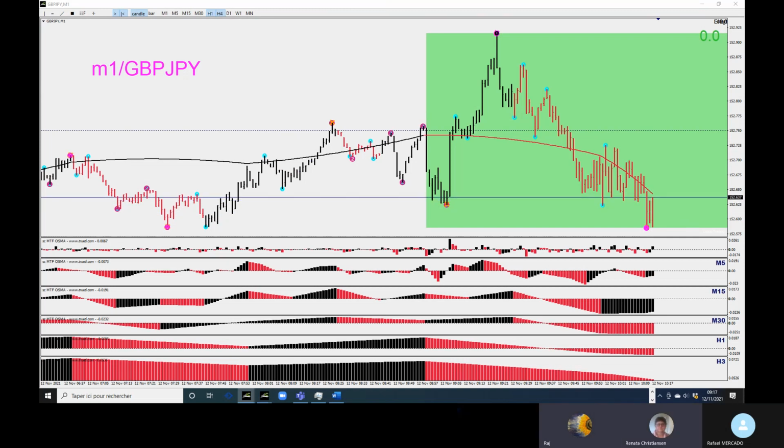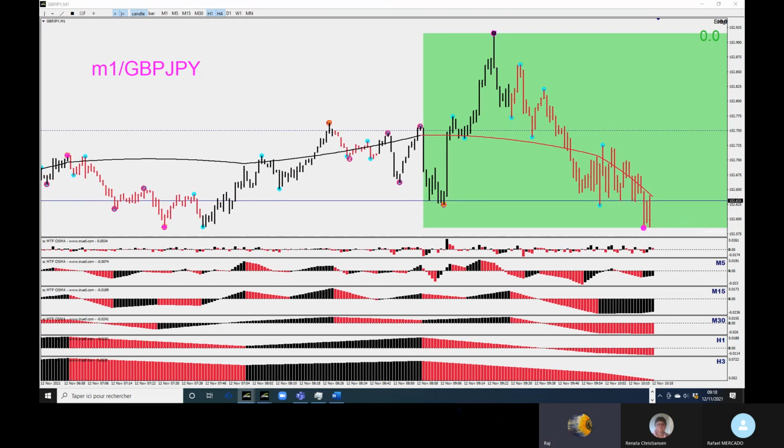So if you're trading a $2,500 account, you're basically trading the minimum, 0.01. If you lose 50 pips, you lost $5. You don't feel it that much. But it's practice. What you gain is practice.